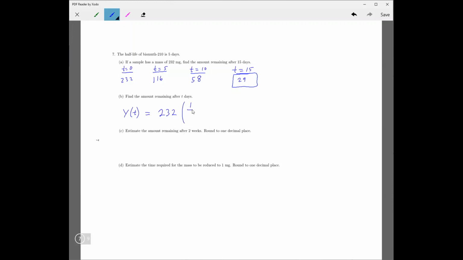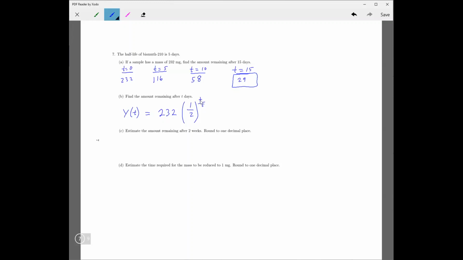And then if you want to incorporate a half-life of 5 days, then you multiply this 232 by 1/2 to the t over 5. So think about it. This is the formula that's going to work, but think about why it works.